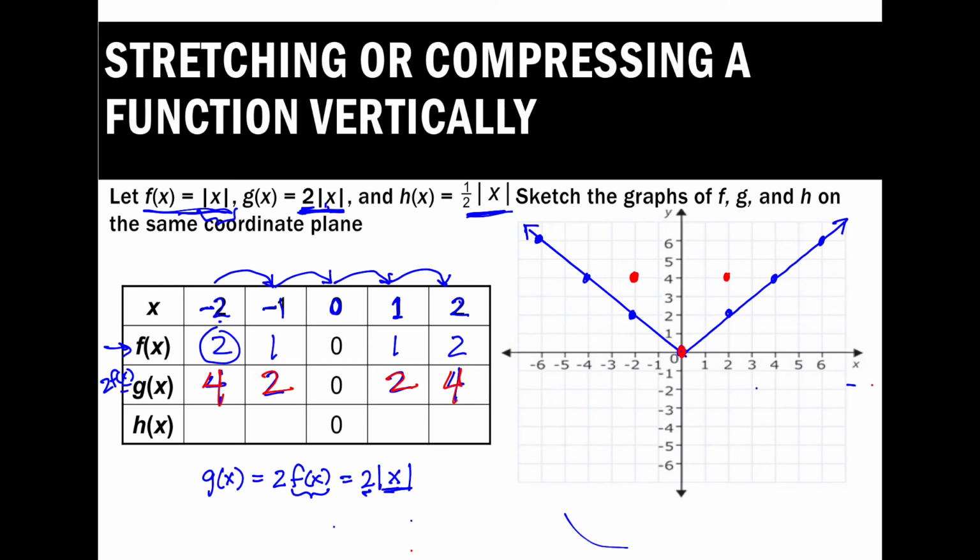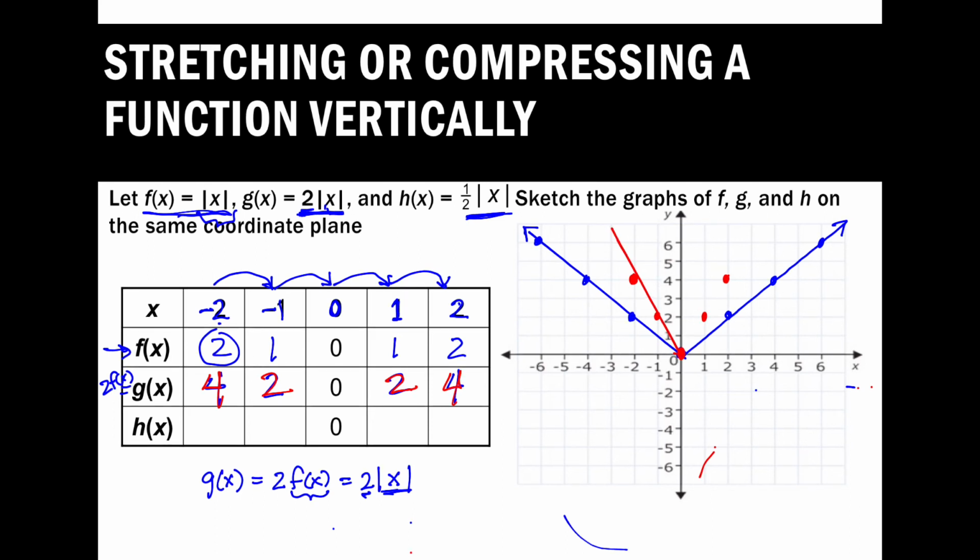And then negative 1 was giving me now 2, positive 1, 2. And so the pattern here, we didn't shift anything, because notice that in this graph there wasn't anything added or subtracted to it, but we multiplied instead. I didn't quite get that on the mark, but I'm pretty darn close, using my straight edge here.